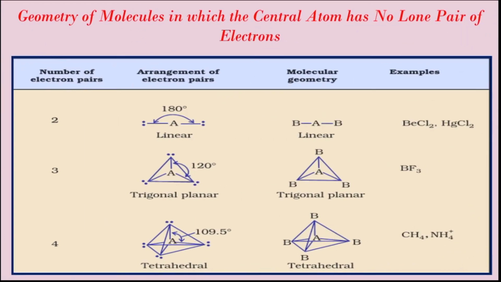Now let's see the geometry of molecules in which the central atom has no lone pair of electrons. When the central atom doesn't have any lone pair, it can be easily arranged. The BeCl2 molecule is linear. The BF3 molecule is trigonal planar, which in a plane you can represent in a triangular form. CH4 forms a tetrahedral structure.